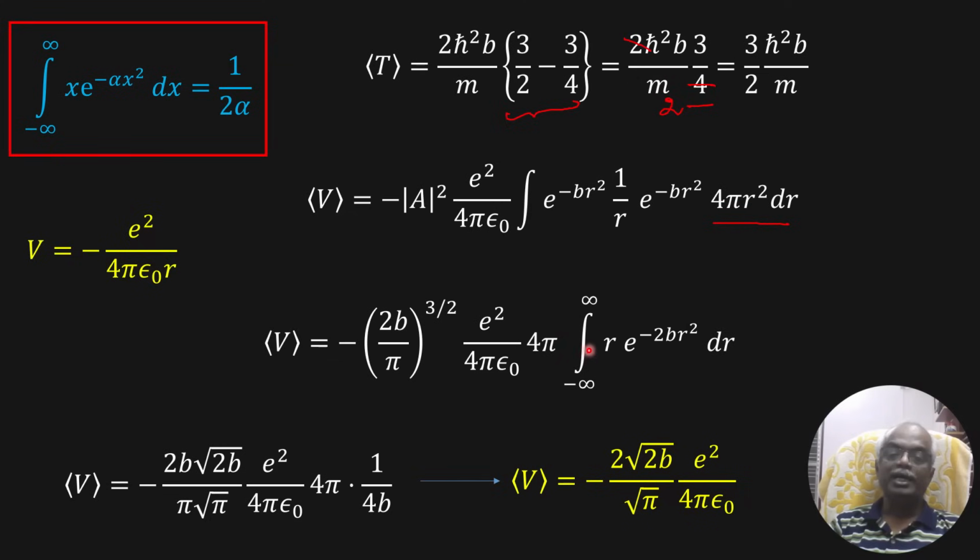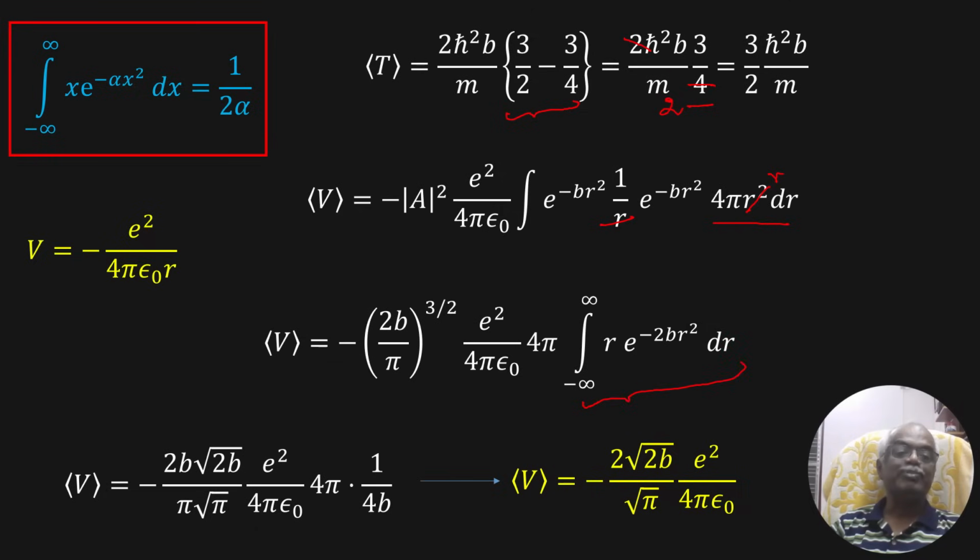Then this r and r squared will get cancelled and this will become r. So you will get 4 pi outside, then the integral between minus infinity to plus infinity of r e power minus 2p r squared dr. This is the Gaussian integral.